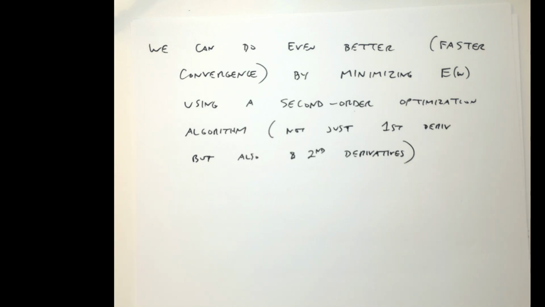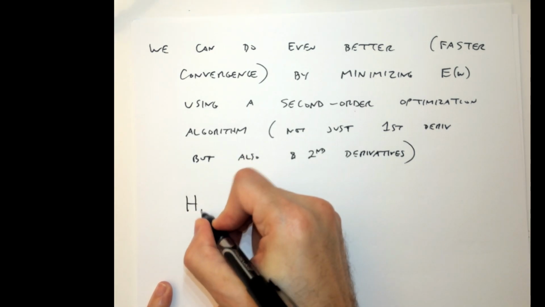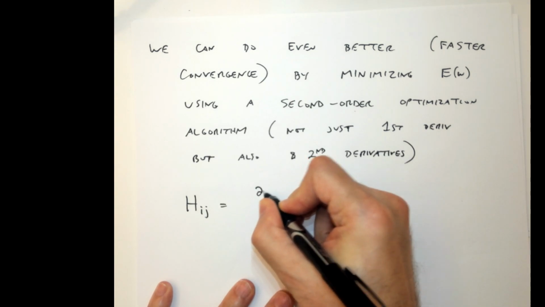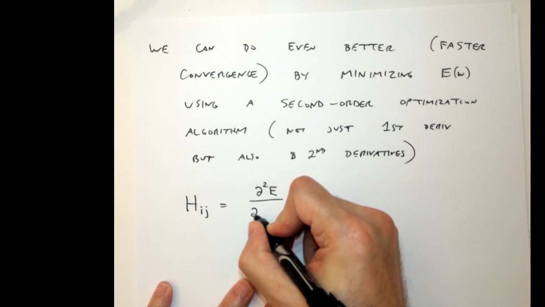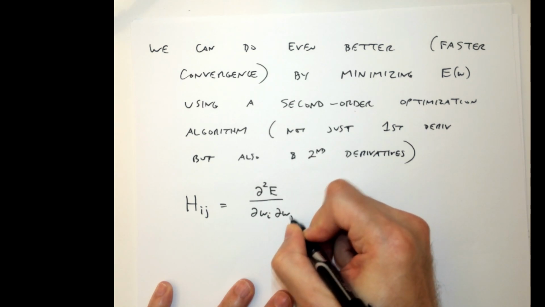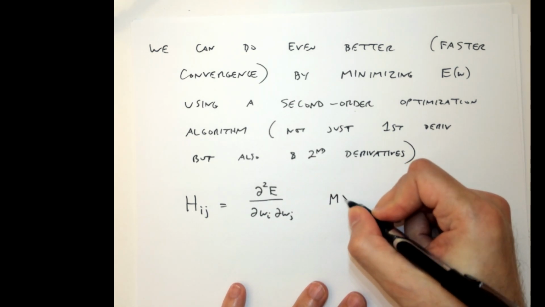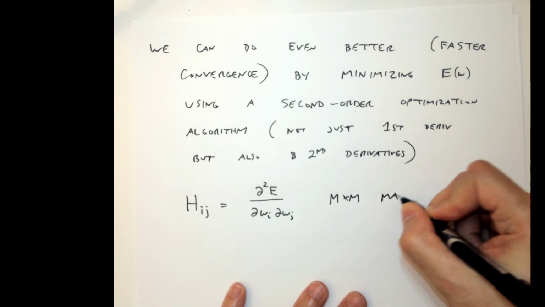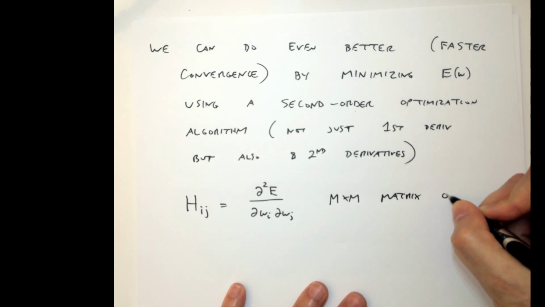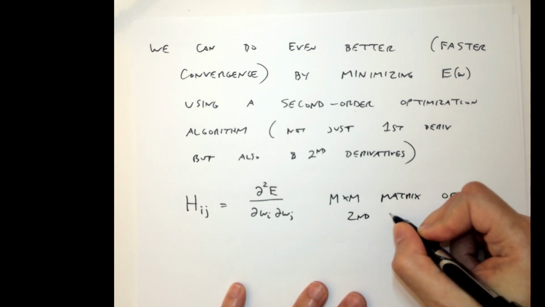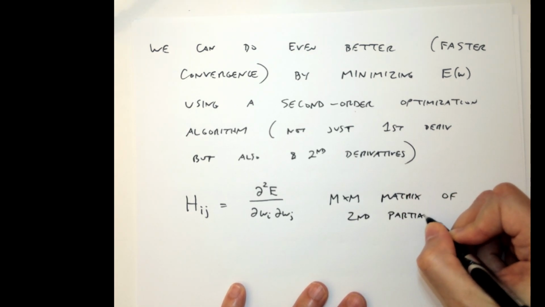So to make that bowl, what I need is the matrix of second derivatives, where I take the partial derivative with respect to each of the parameters. This is basically called the Hessian, the m by m matrix of second partial derivatives.